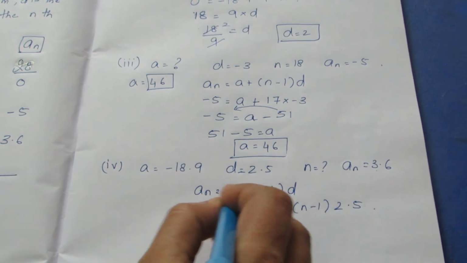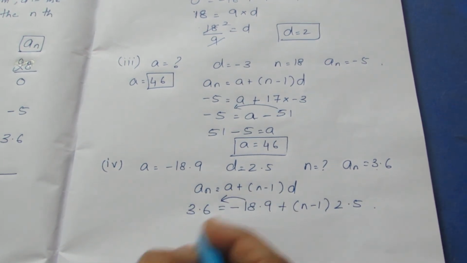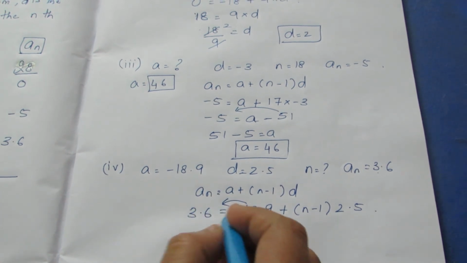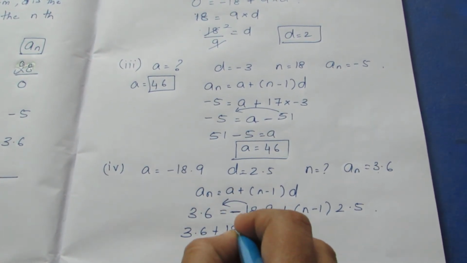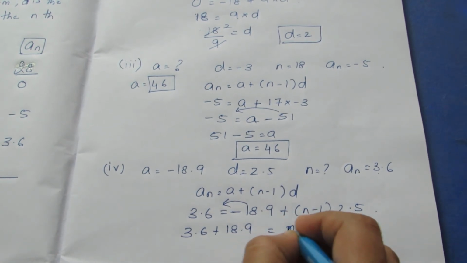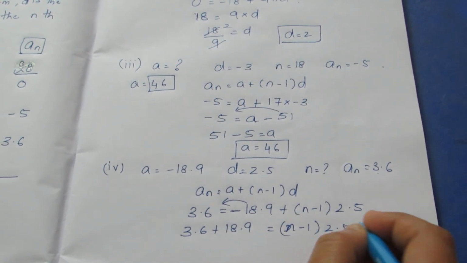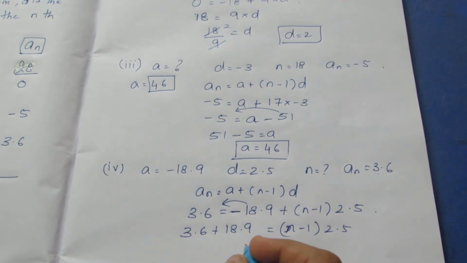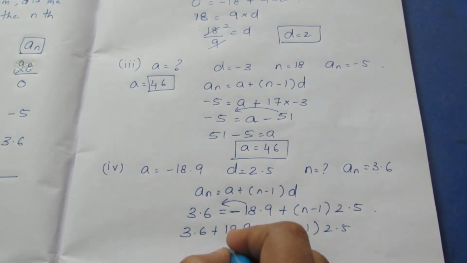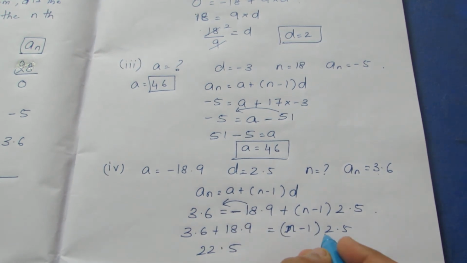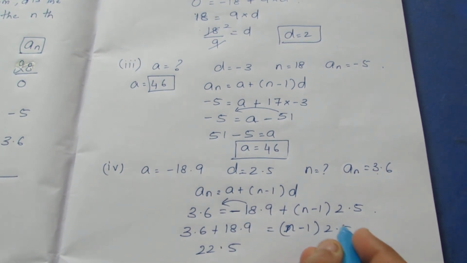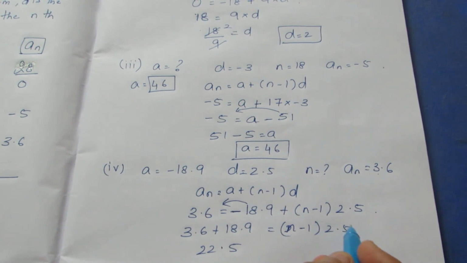Here bring the number to the other side. If you bring a plus or minus to the other side, if it's minus, it comes as a plus. So 3.6 plus 18.9 equal to N minus 1 into 2.5. Here it is addition, so add it. Here 2.5 is in multiply. I am bringing it to this side. I am not going to multiply it inside.